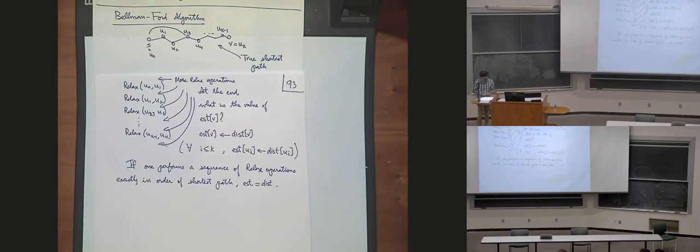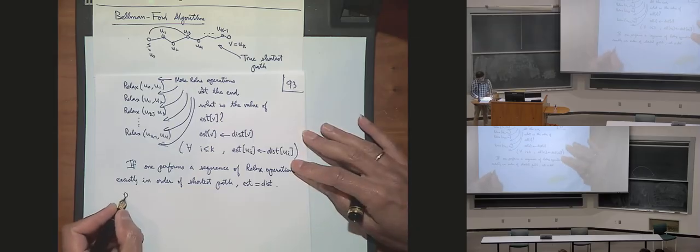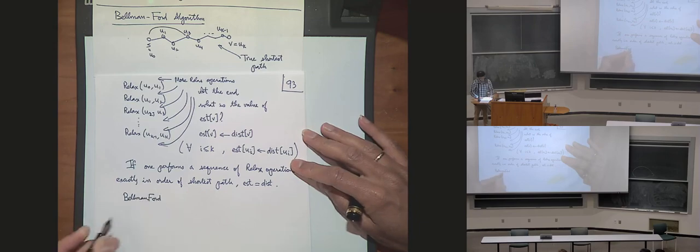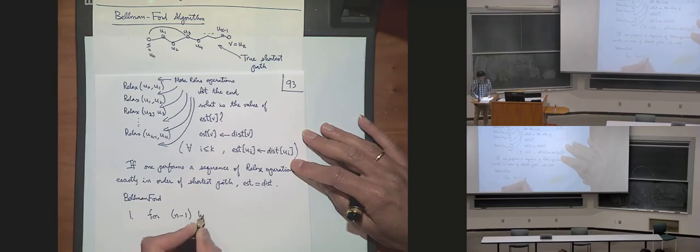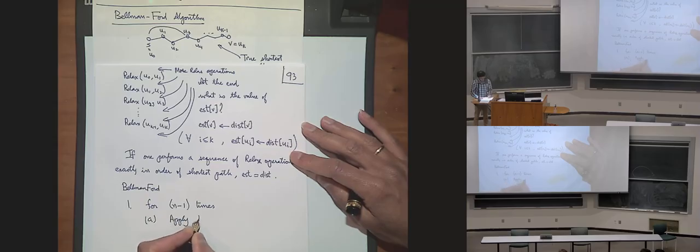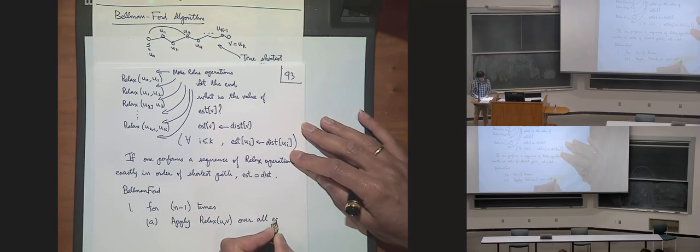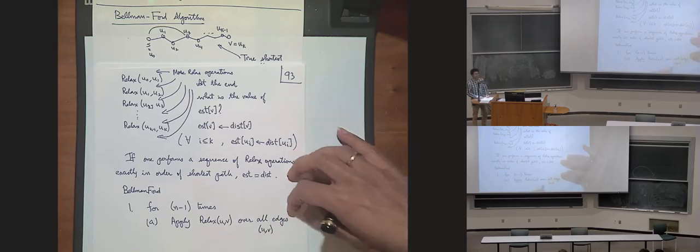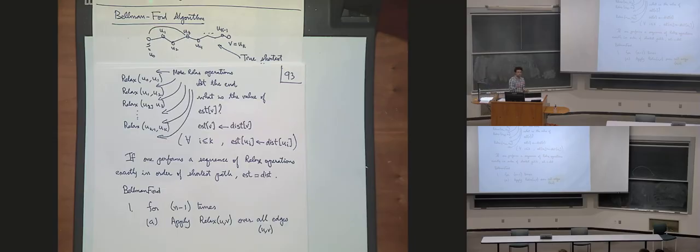So that's the Bellman-Ford algorithm. It's just for n minus 1 times, apply relax UV over all edges UV. Note that this is directed, so UV and VU could be different.